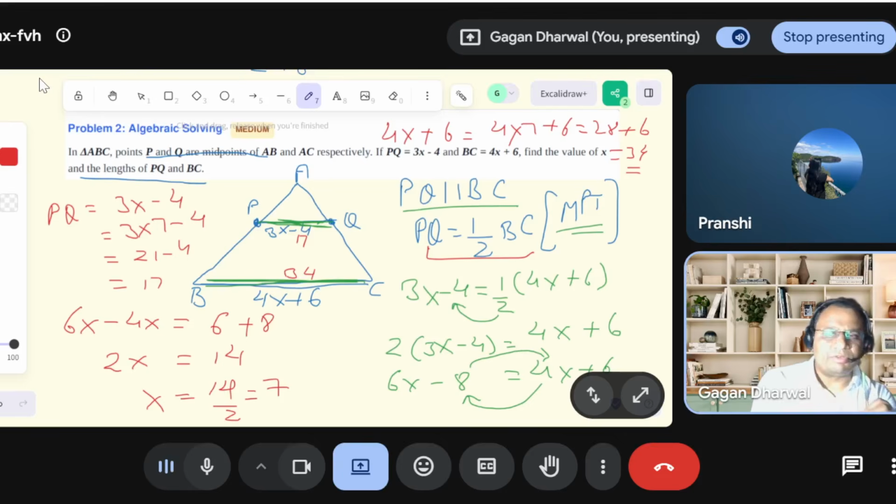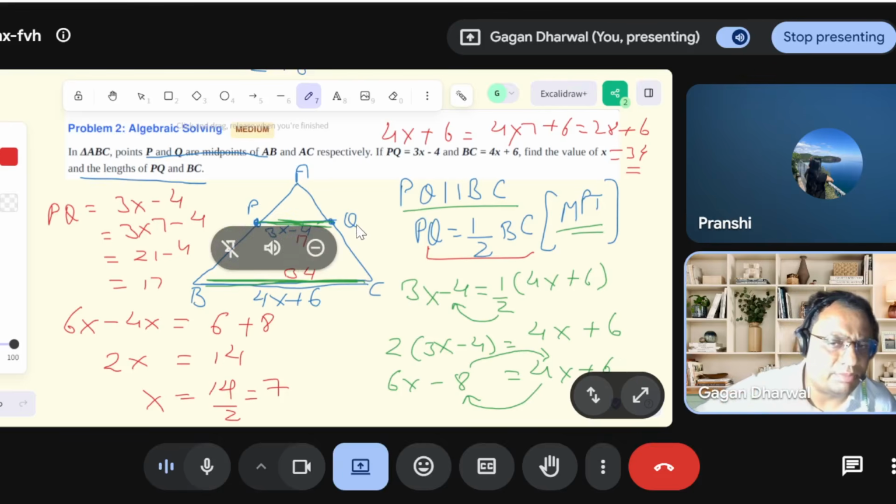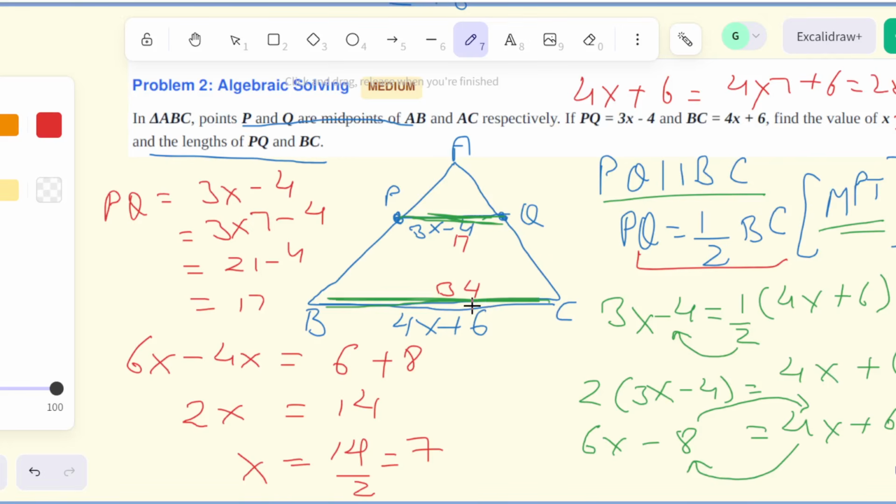And that's how we got x equal to 7. Once we got the value of x, we substituted in PQ, which was 3x minus 4, and that's how we got PQ as 17 and BC as 34 when we substitute x as 7. Make sense? Any doubts?